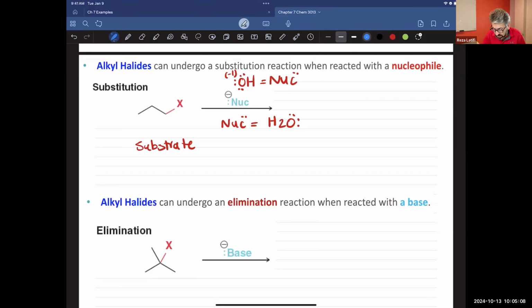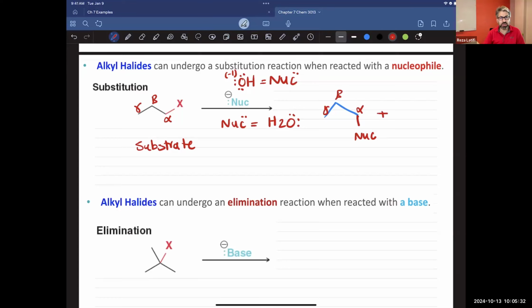And in this case, the product will be such a compound. So let's say we used a nucleophile, and the nucleophile will be attached to the alpha carbon. This is the alpha carbon, beta, and this one will be the gamma. So this is alpha, beta, and then gamma. And what else?